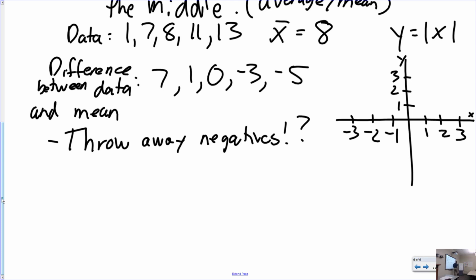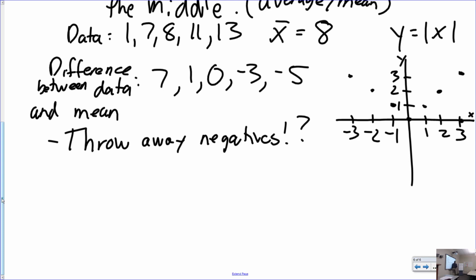When x is 3, folks, what is the absolute value of 3? 3. When x is 2, what's y? When x is 1, y is 1. When x is 0, y is 0. When x is negative 1, y is 1. Throwing away the negative signs.